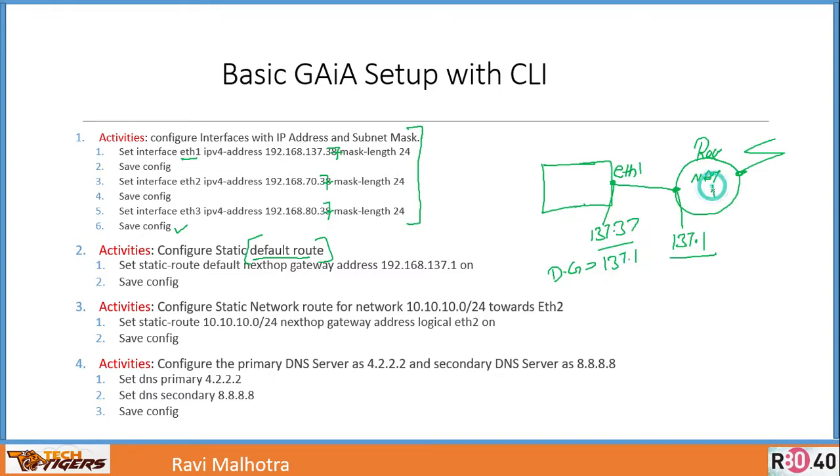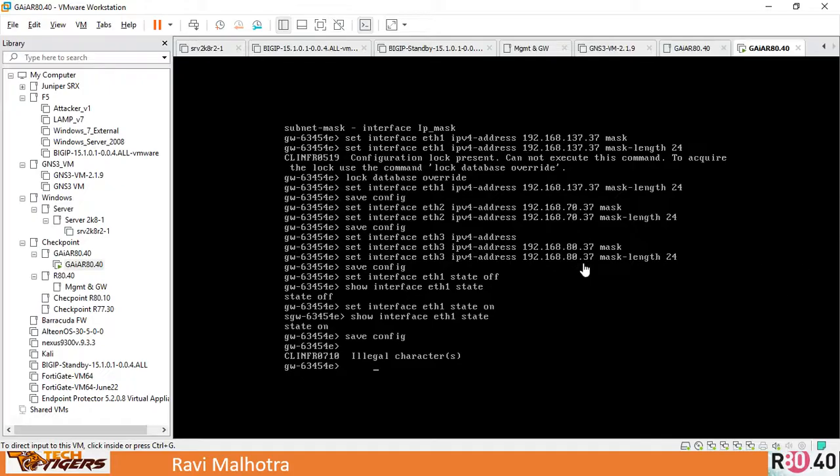This router already has a default gateway towards Airtel IP, something like 42.1.3.6, right? So this is what I need to do. My IP address is 137.37. I should be able to ping 137.1, and then I will configure 137.1 as my default gateway.